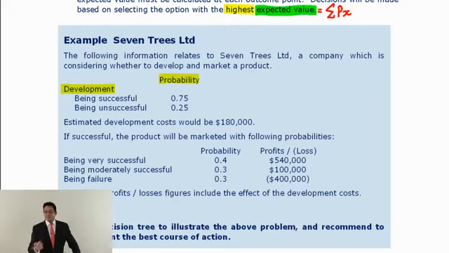If I develop the product, my development may be successful with 0.75 or 75% chance of success. And if I develop, I may be unsuccessful with 0.25 or 25% chance. So the idea is, if I do develop the product, I may be successful, I may not be successful; time will tell.